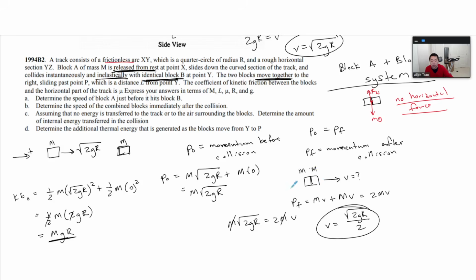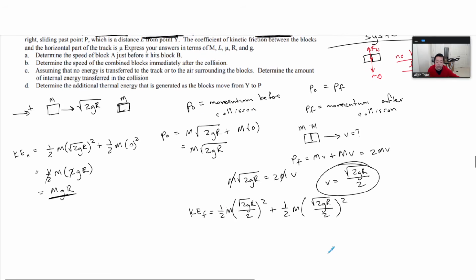After the collision, each block has a velocity that is half, basically. So I just add the kinetic energy of each block. They have the same kinetic energy because they have the same mass and same speed. But I'm literally adding the kinetic energies of both blocks.